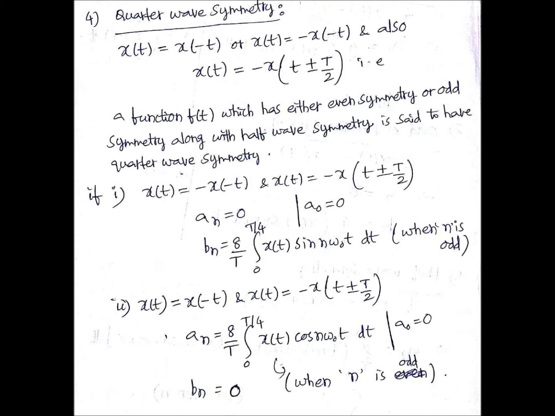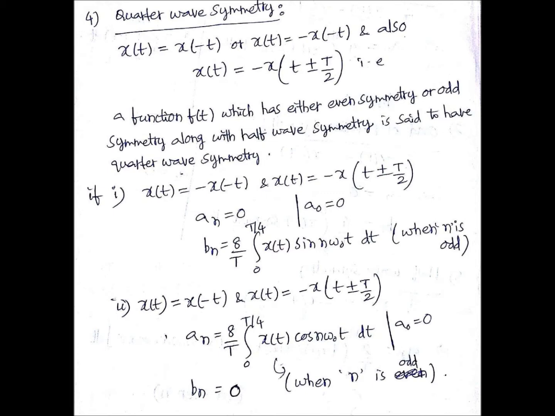From the odd symmetry you get an equals 0, a naught equals 0, and bn is there, but only for odd values of n, and it is 8 by T, 0 to T by 4. Are you getting it? Previously for half wave it is 4 by T, 0 to T by 2. But here in the case of quarter wave it is 0 to T by 4, so it will be 8 by T, and it is only for odd values of n, because half wave symmetry gives only odd harmonics.